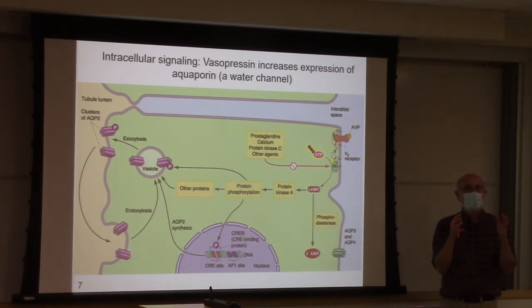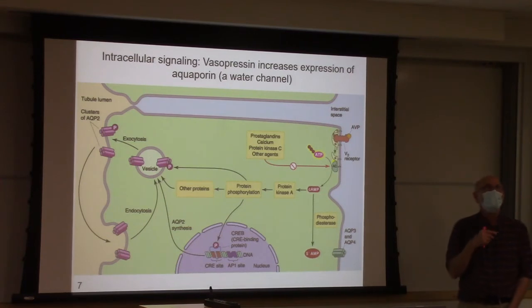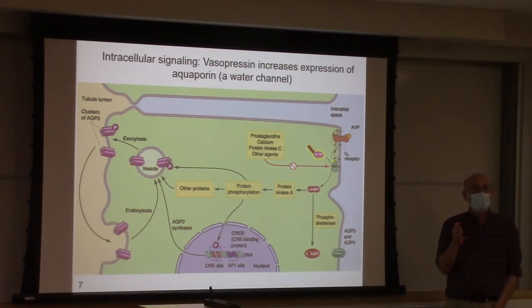And if those cells are in a hypertonic solution, they shrink a little bit, and that tells the osmoreceptors in the hypothalamus to release vasopressin from the posterior pituitary. I'd have to review the mechanisms, but there are specific hypothalamic osmoreceptors that trigger the release of vasopressin from the posterior pituitary.